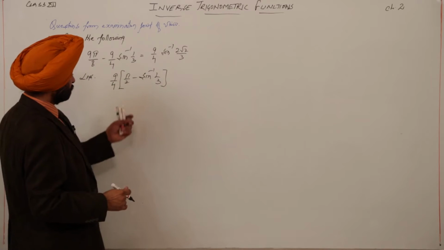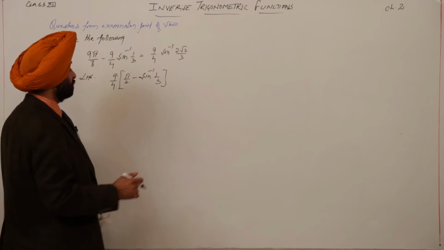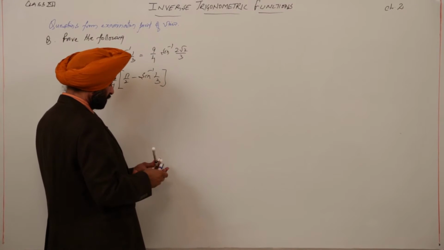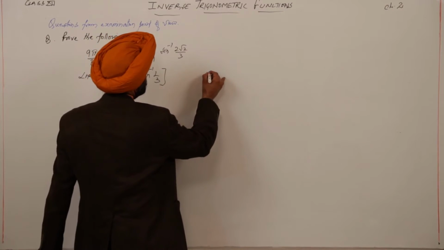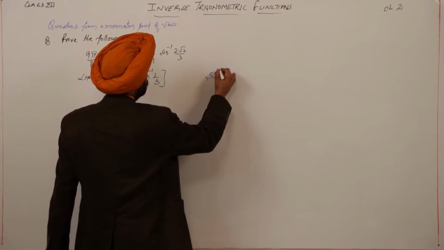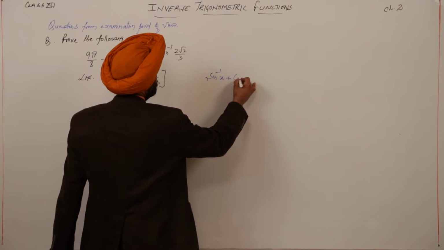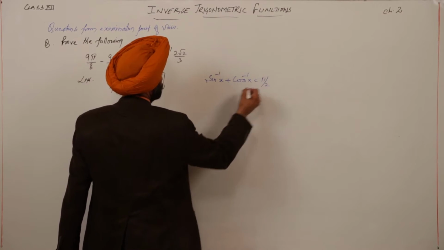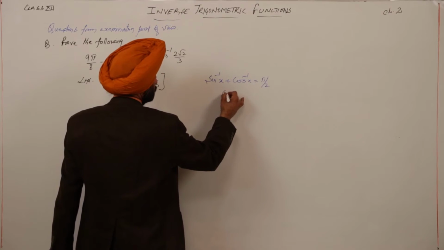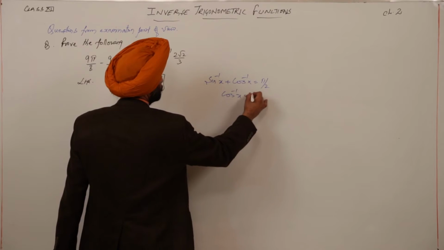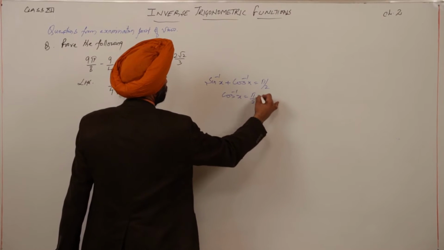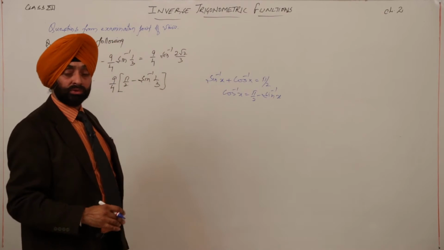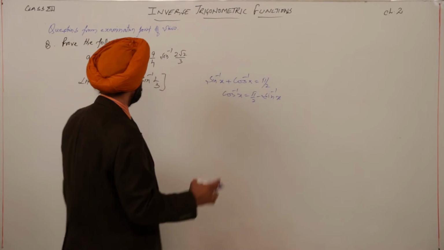Now for pi by 2 minus sin inverse x, we have a property: sin inverse x plus cos inverse x is equal to pi by 2. So here cos inverse x is equal to what? That is pi by 2 minus sin inverse x. Now we are going to use this property to solve the question.